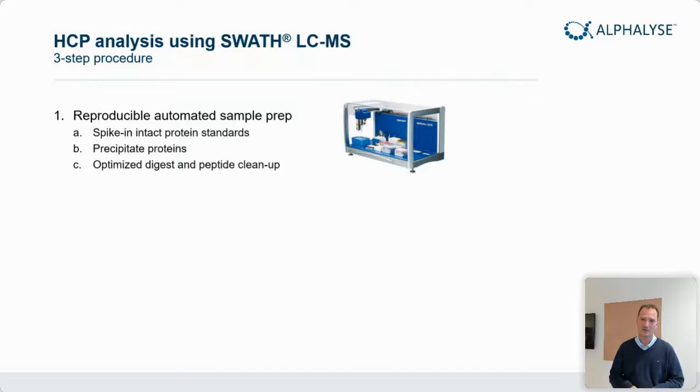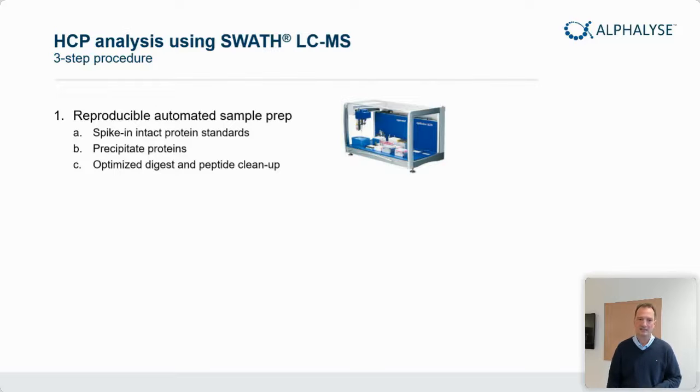We also use them as quality control samples to make sure that all the sample preparation steps have worked as they should. Then we precipitate the proteins. We do this to remove all the different buffers from the different solvents the samples may be in. And then we cleave the proteins into peptides with an optimized digest procedure. And then we prepare the peptides for LC-MS analysis.